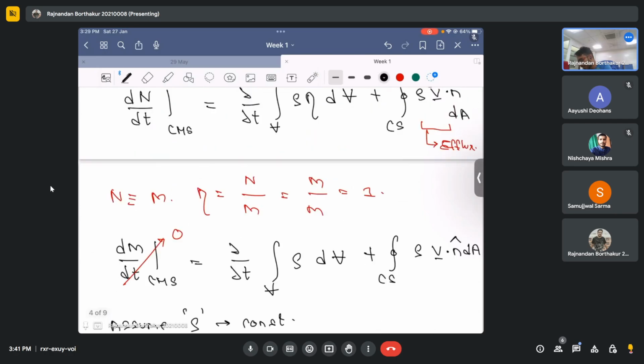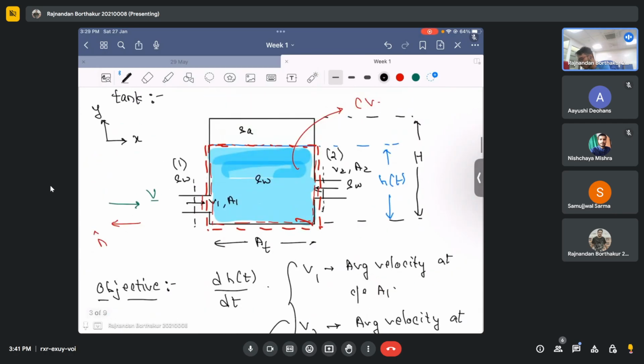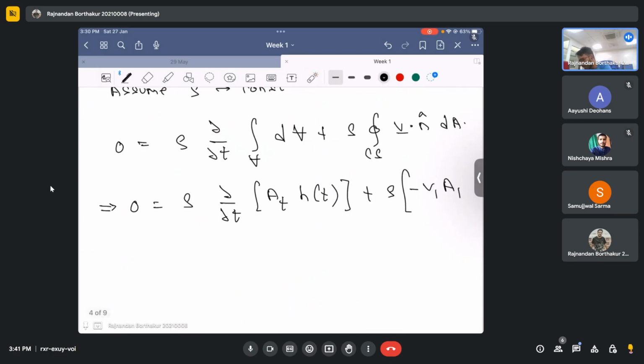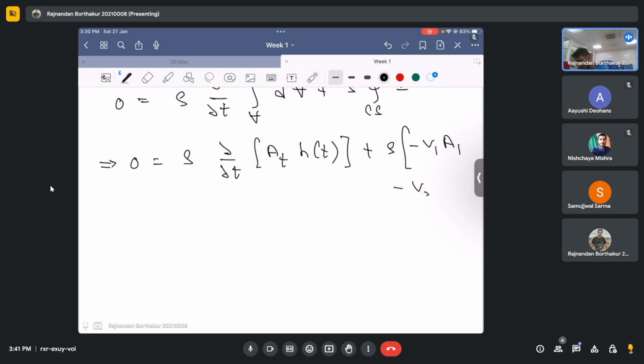Similarly, if we do the same exercise for inlet 2, the velocity vector is in this direction, and the normal vector is in the outward direction. Since the fluid is coming this side, but the normal vector of this elemental area will always face outward, for inlet 2 as well this would be minus v2 a2.